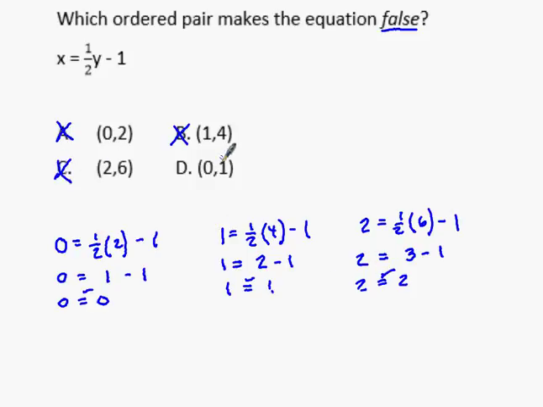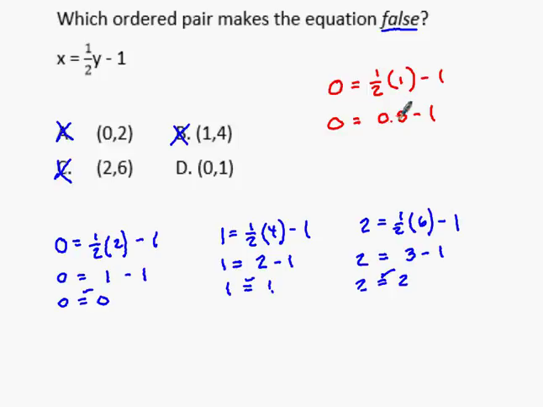And the last one, the ordered pair 0, 1, by process of elimination, must be the correct one. We're going to use a different color just to check it, though. We're just going to make sure. We're going to plug a 0 in for your x, and we're going to plug a 1 in for your y, and see if this is true. Half of 1 is 0.5, or 1/2.